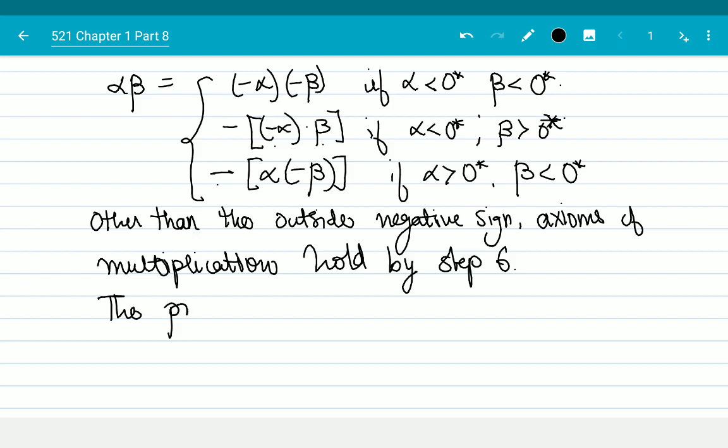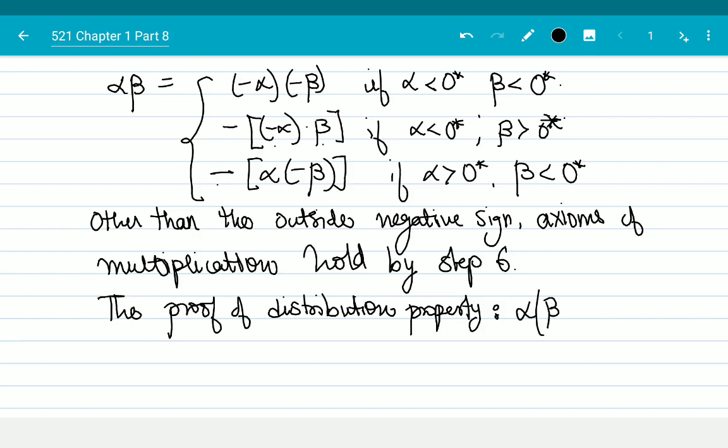The proof of the distribution property can be broken down into cases. The distribution property says alpha times beta plus gamma is equal to alpha beta plus alpha gamma.